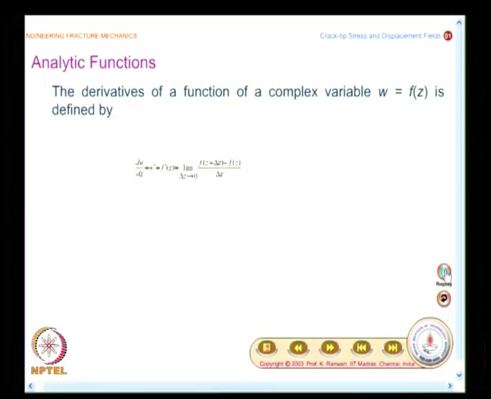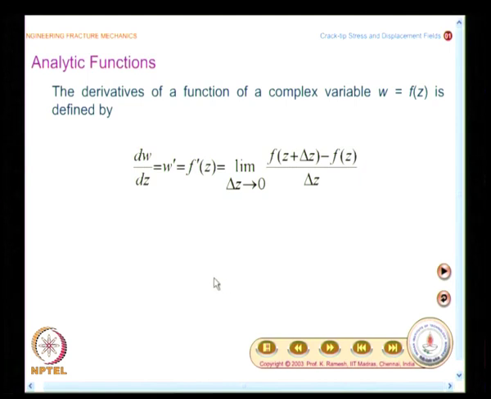See, before we take up the issue of developing crack tip stress and displacement fields, I said analytic functions are used to coin the stress function in fracture mechanics. That is what Westergaard has used. So, we need to understand what are analytic functions.